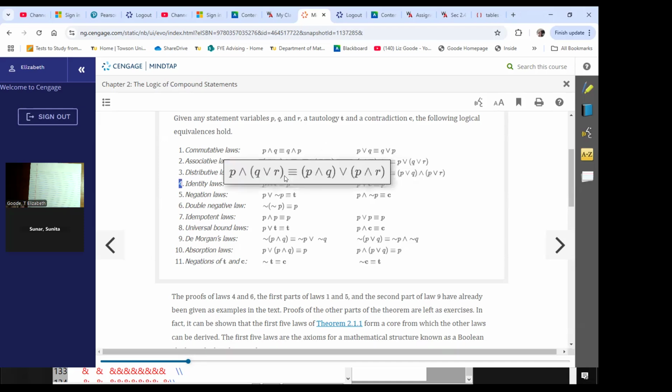The distributive laws show us how we can distribute the and operator across the or operator. It's kind of like the way times distributes across addition.